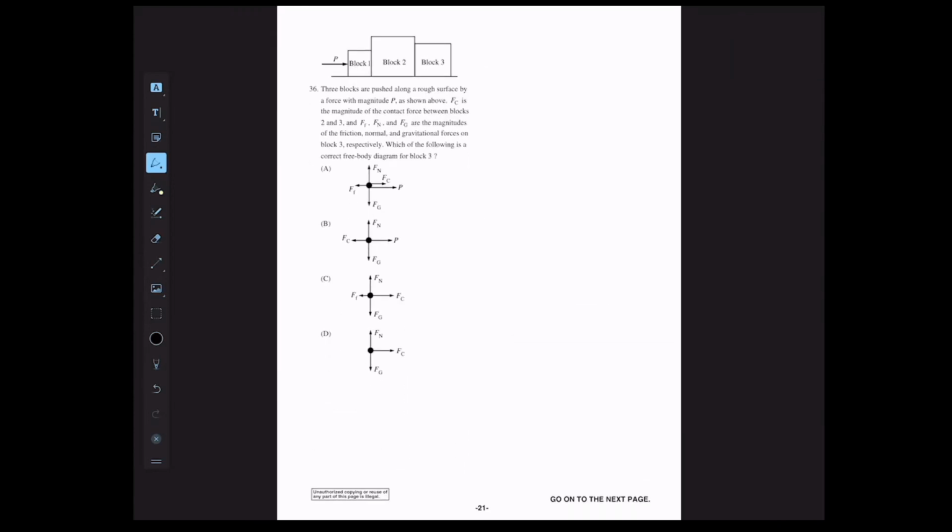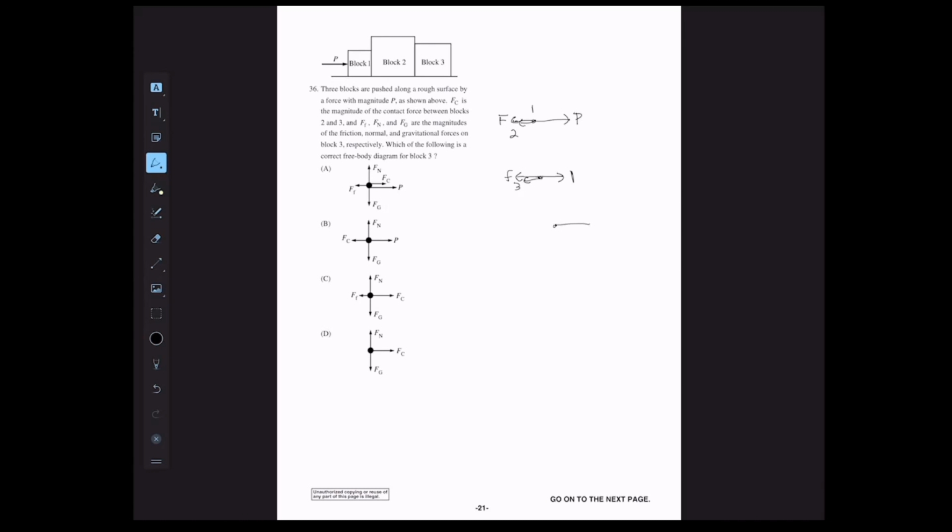3 blocks are pushed. What is the free body diagram for block B? Okay. So for block 1, there's P, and there's friction, and there's block 2. For block 2, there's block 1, friction, and block 3.